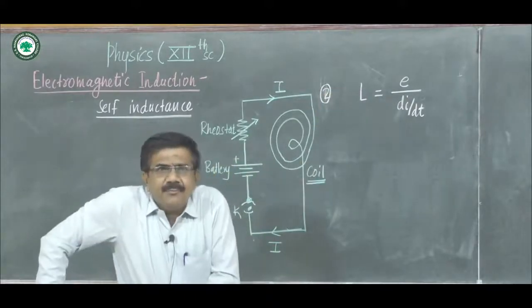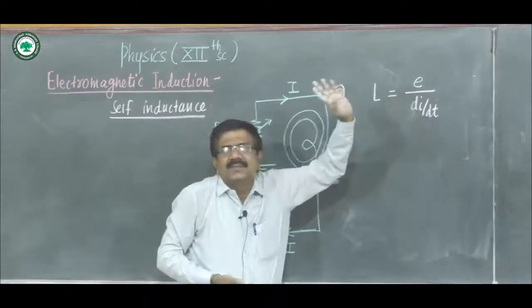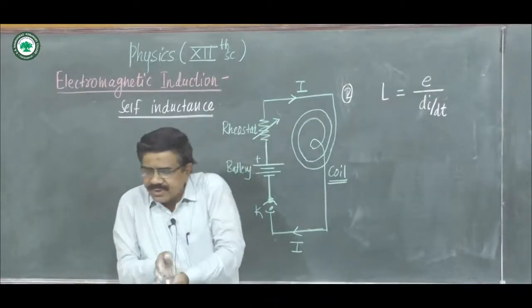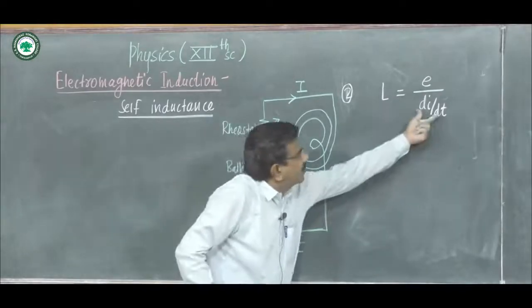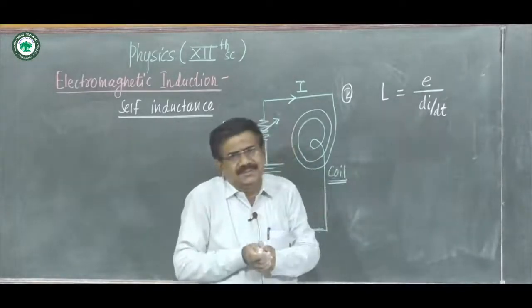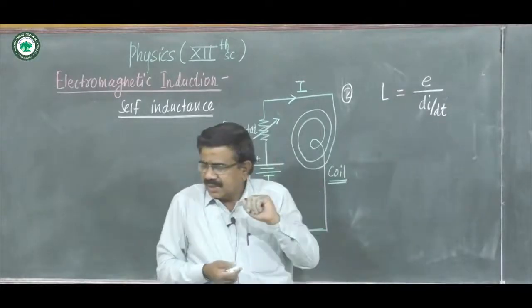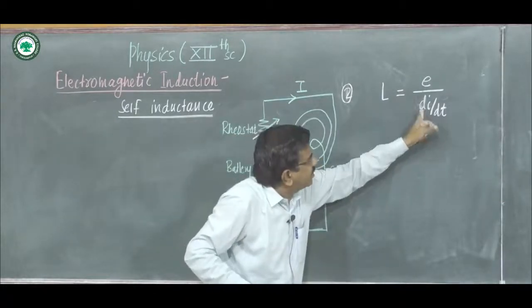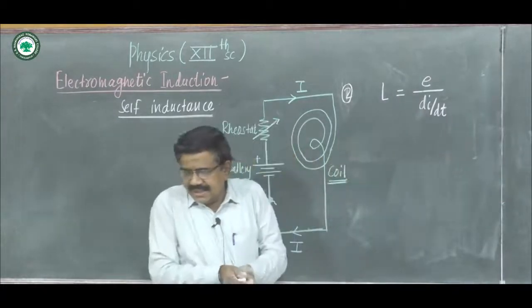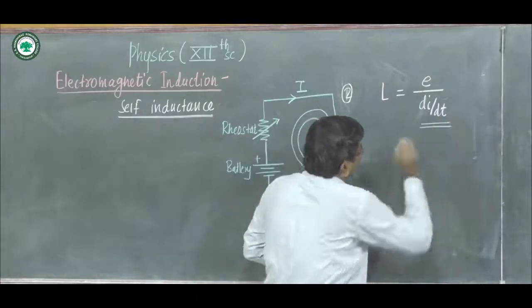Induced EMF produced around the circuit per unit rate of change of current in it is called the self-inductance of the circuit.